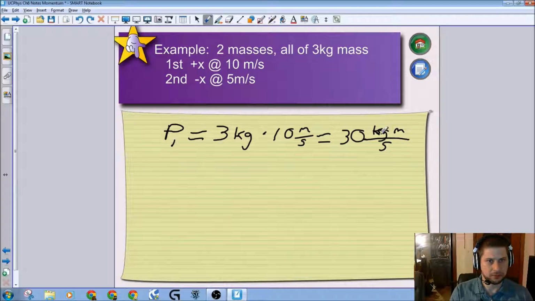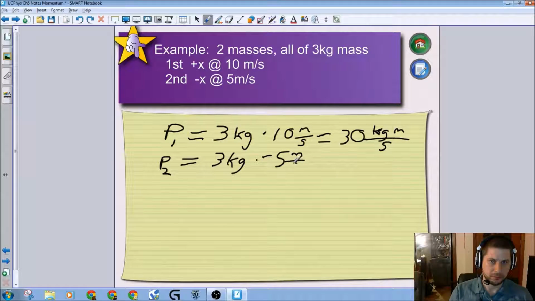Now we go over here and do the same thing for momentum 2, which would equal 3 kilograms still, times, now it's in the negative direction, so I'm going to use negative 5 meters per second. And that would be negative 15 kilogram meters per second.